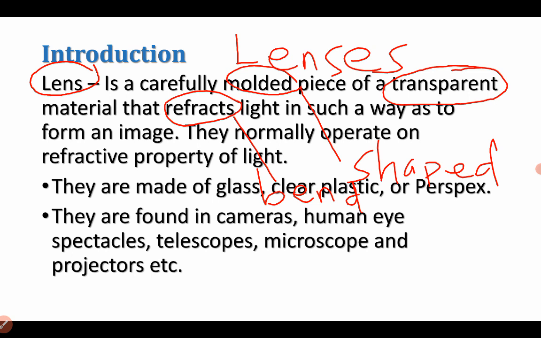You find lenses in a lot of gadgets, but the main and common ones are cameras. So you find the lens in cameras, especially optical cameras, even your own, the camera in your phone has a lens affixed in it.